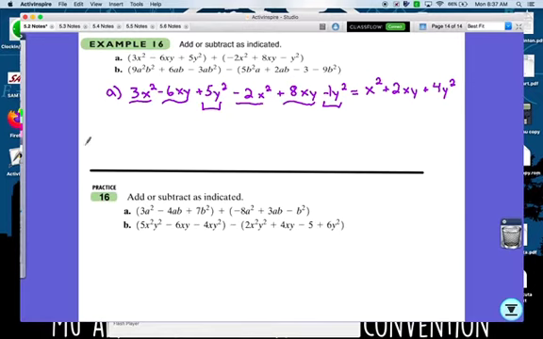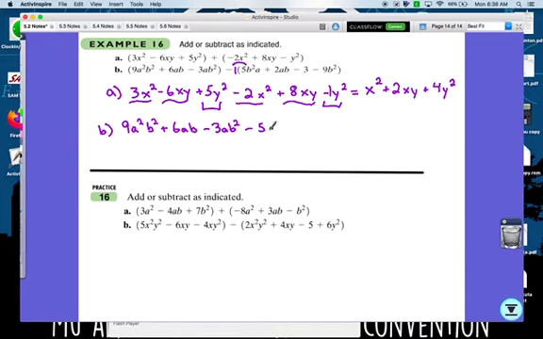All right, and then for B, I can rewrite the first one. 9a squared b squared plus 6ab minus 3ab squared. I do want to distribute the negative 1 through. So minus 5.